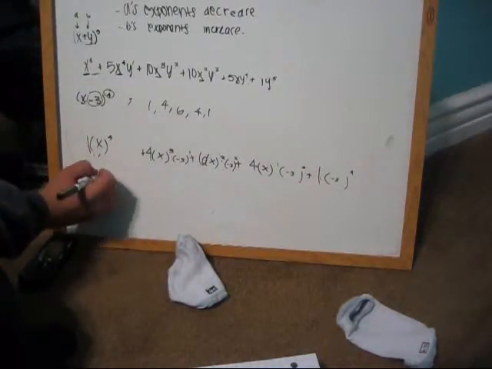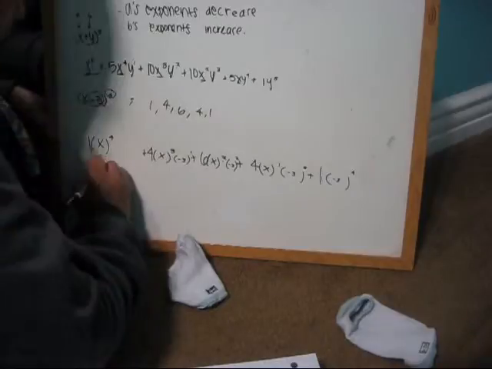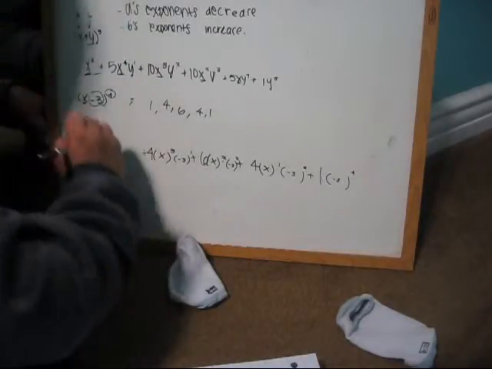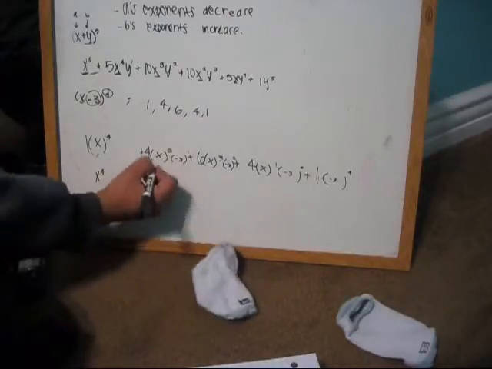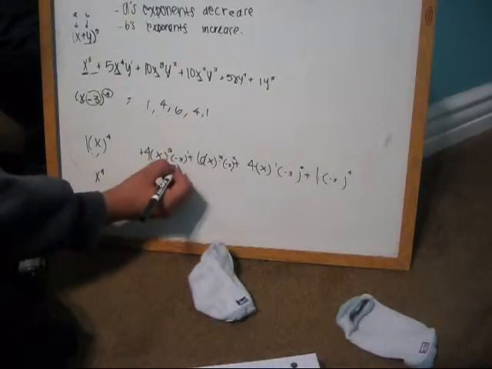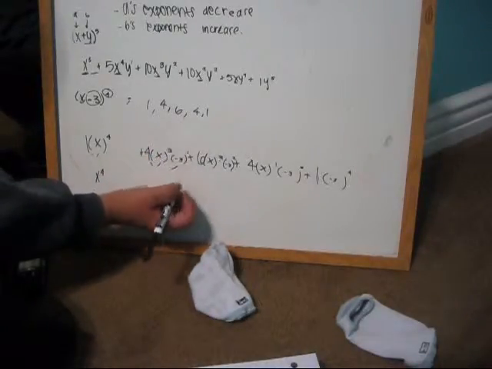Now you simplify. 1 times x to the fourth is just x to the fourth. Then 4 times x cubed times negative 3 to the first power.